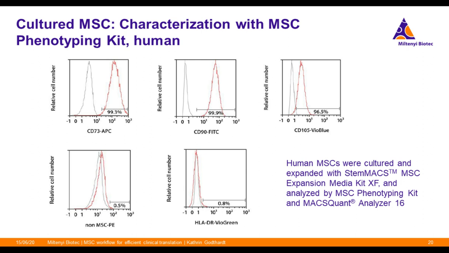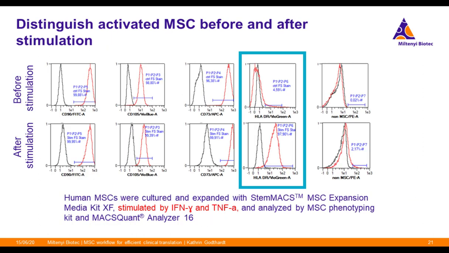The non-MSC markers are negative, and a nice feature is that the HLA-DR antibody, which in most cases is also negatively expressed on the cells, can be analyzed with a separate color here. And this is quite important because sometimes MSCs are stimulated, like you can see here.